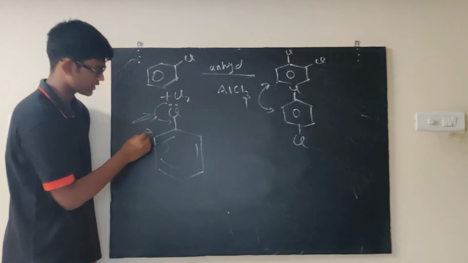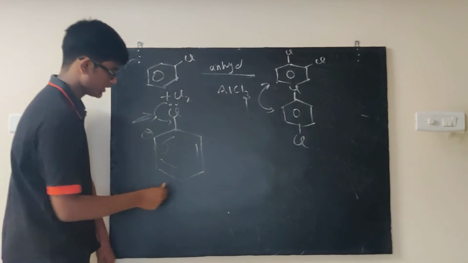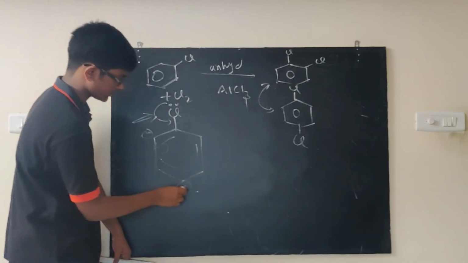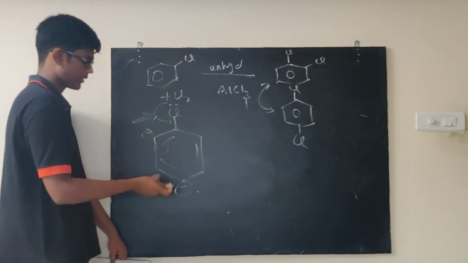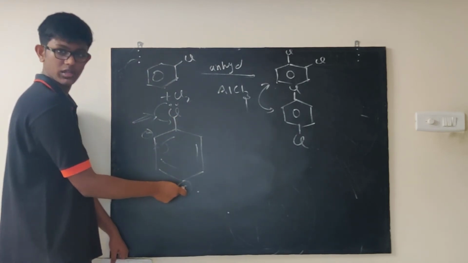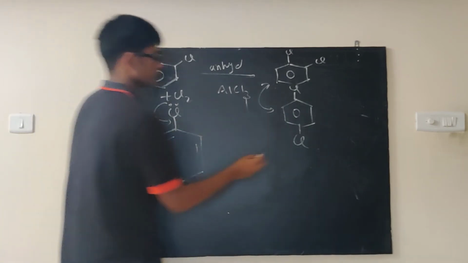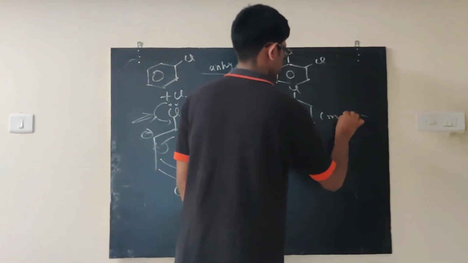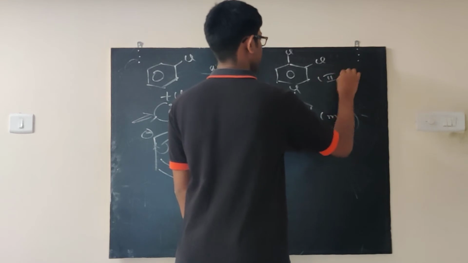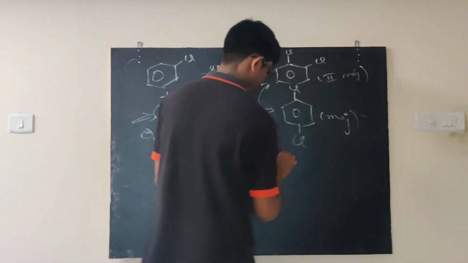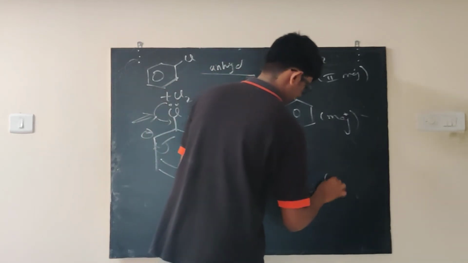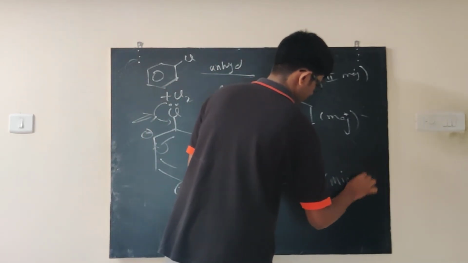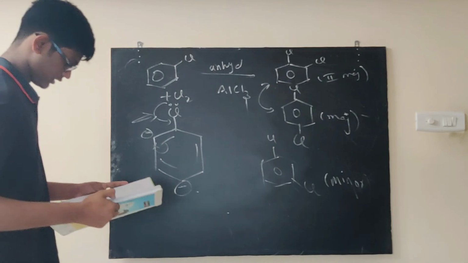So this negative charge is not a super negative charge, it's a decent negative charge. But here, this negative charge is so far away from the chlorine that the electronegativity doesn't matter. So this is going to be a much more pronounced negative charge than this. So this must be the major product, and this is the second major product. And meta-dichlorobenzene is the minor product.